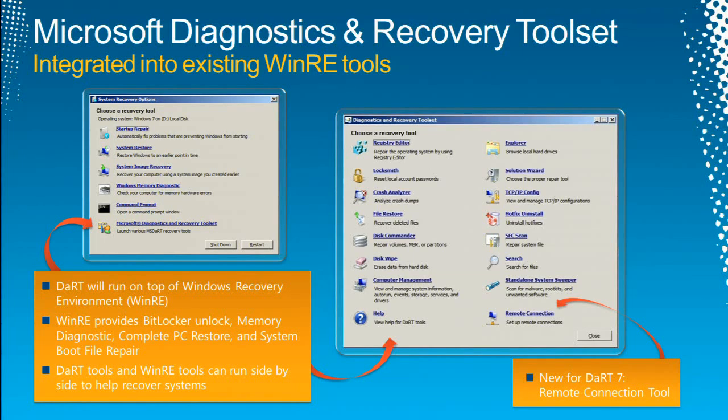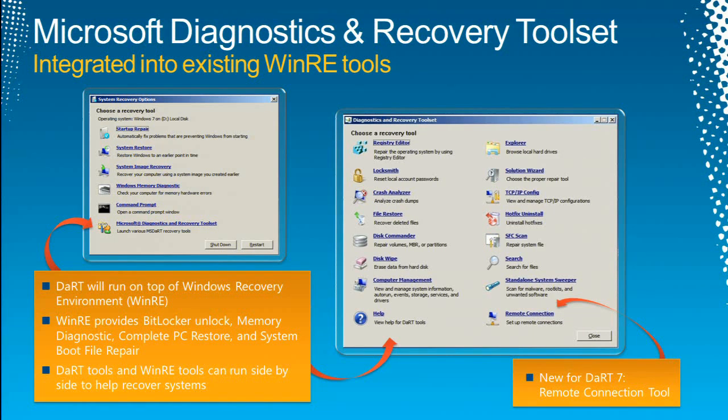So when you deploy Windows in your environment using MDT, SCCM, whatever you use, you could have a recovery partition that includes WinRE. The only difference, if you use the out-of-the-box WinRE instead of using DaRT, is that you would not have that final link on the left side there that says Microsoft Diagnostics and Recovery Toolset. It will be blank. But you would have access to WinRE.